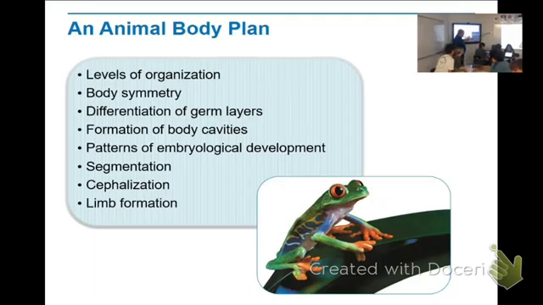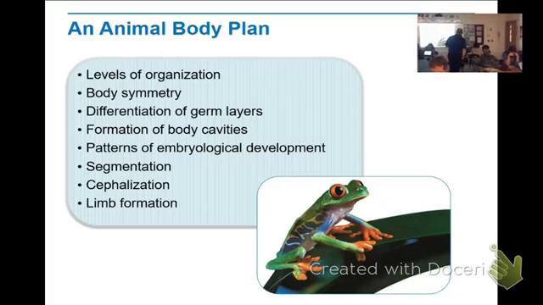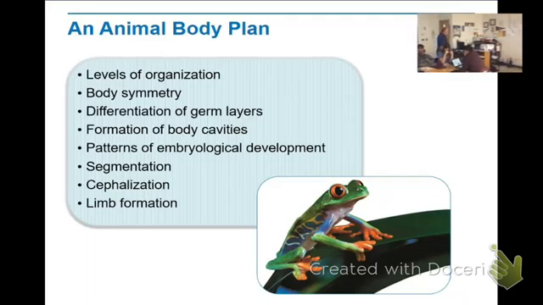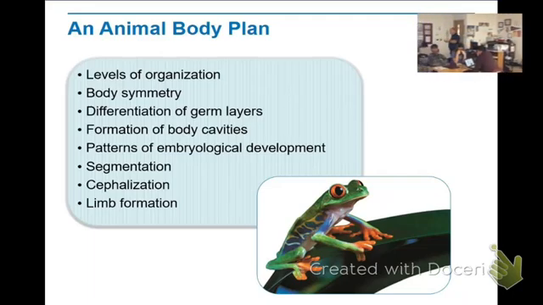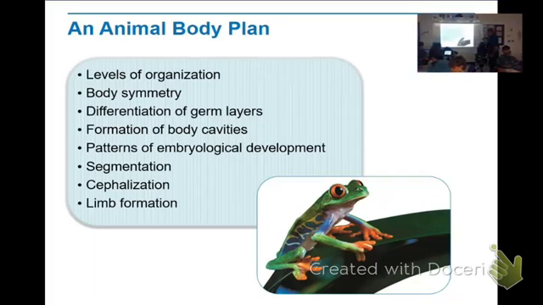So embryological development, we need to store that in our brain as how did the baby grow? And we're going to look at how that baby develops. What does it do when it develops? How long does it develop? At what point does it start to grow stuff? And so on. The last three kind of go together and kind of don't.